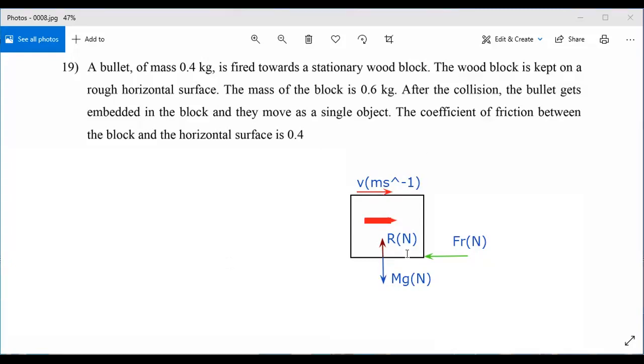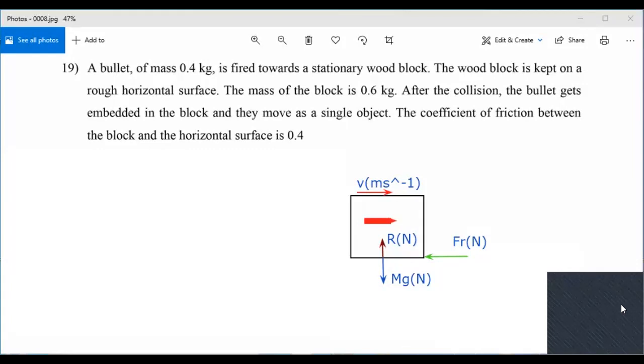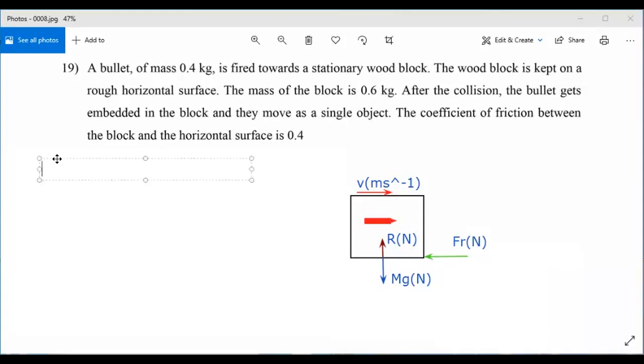Right, you see the object is not moving vertically upward, it's not moving vertically downward. Therefore, R and mg forces. Lamai, what is the relationship between R and mg forces here? Object is not moving up, object is not moving down. Therefore, yes, Kuda, try again. They are equal, sir. Very good, they are equal. R and mg forces are equal.